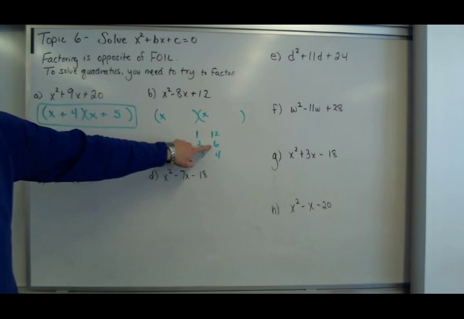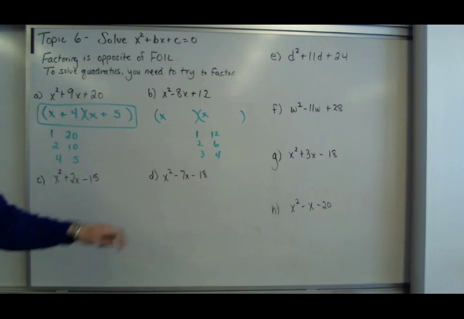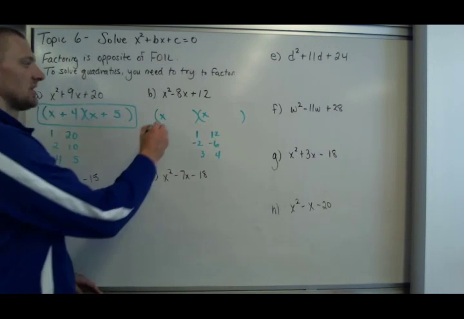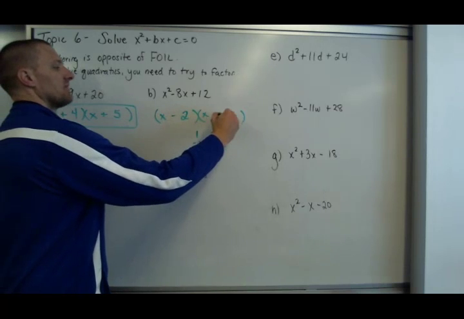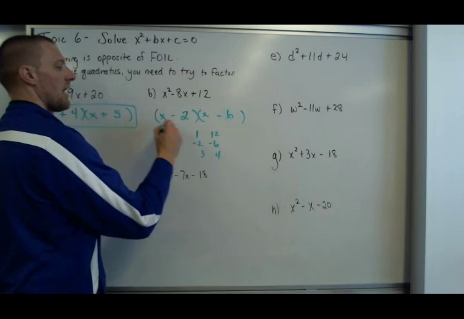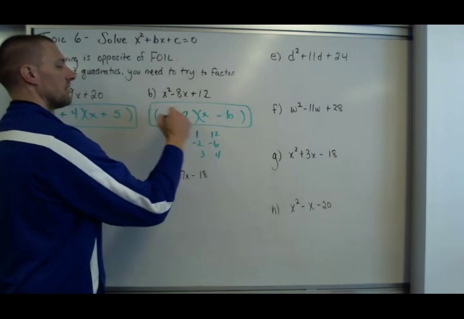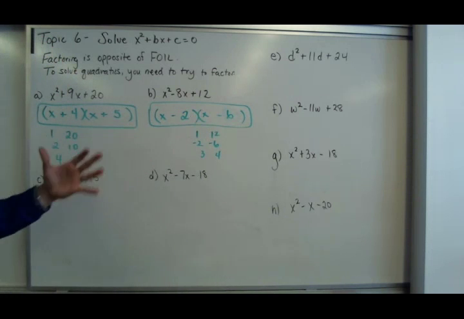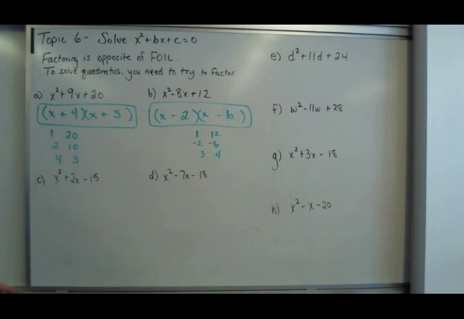Well, if I look at these, the two things that would add up to a negative 8 would be 2 and 6, but not just 2 and 6, they'd have to be negative 2 and negative 6. So I've got a negative 2 here, a negative 6 there, and those would then be your final answer. Okay? And you could always go back and FOIL these and check to see if they work and prove to yourself that you did this correctly.